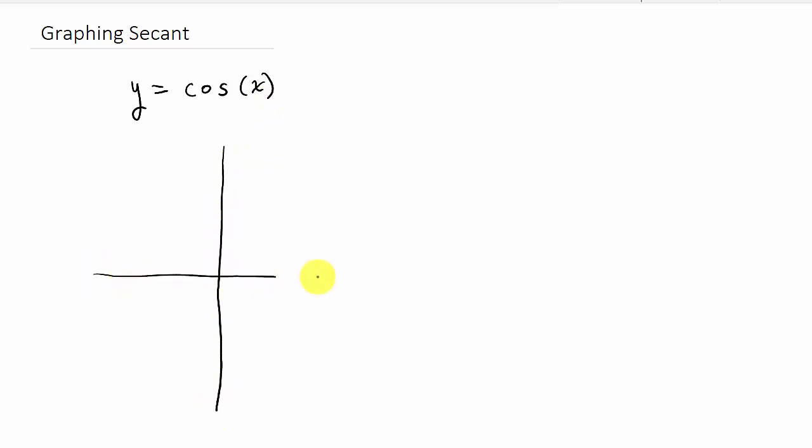So as a quick review, just remember if you have y equals cosine x, okay? So if we graph this, now I know this is going to be kind of quick, and this is just the basic cosine function. If you want to learn how to graph the cosine function, I've got a video that goes into a lot more detail, so you can check that out.